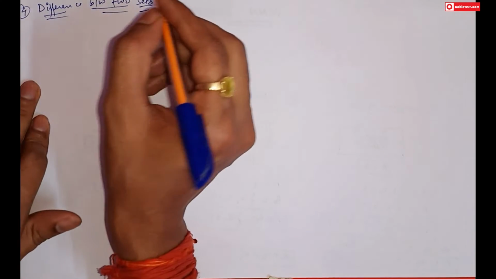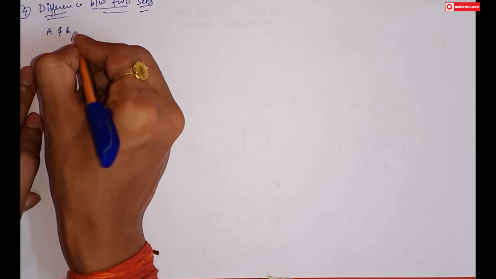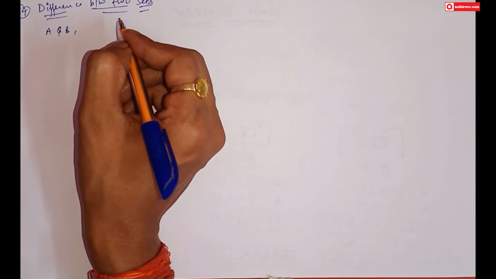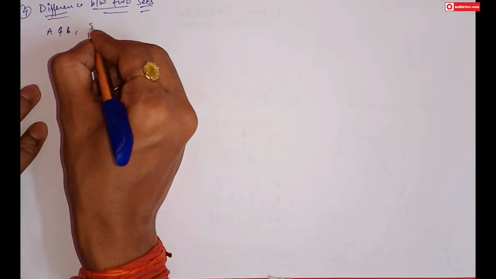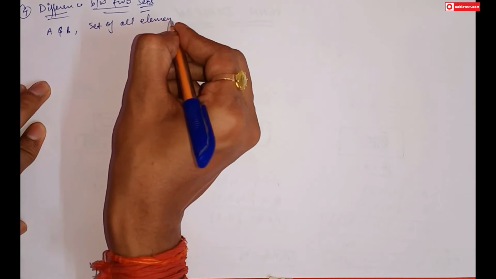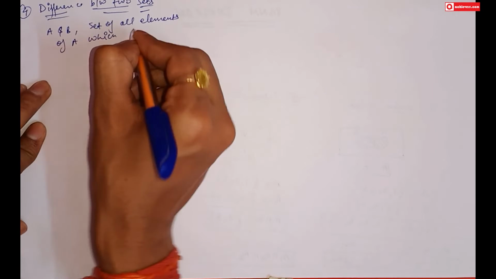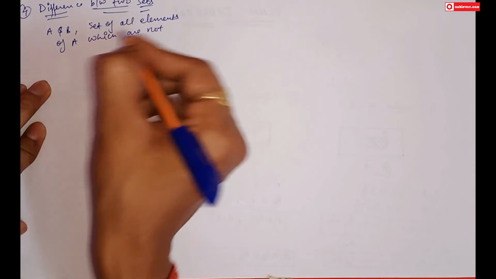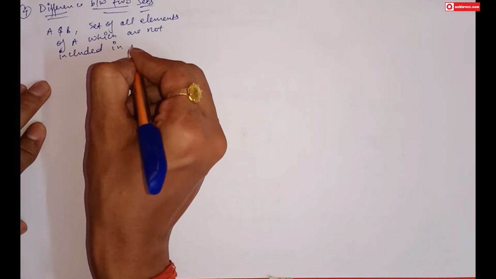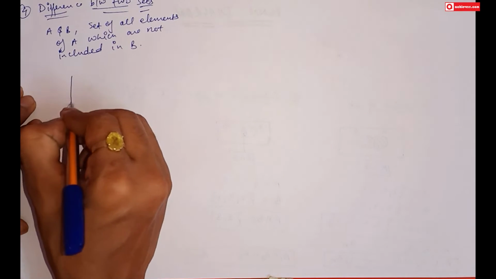Like there are two sets, suppose set A and set B. So difference is the set of all elements of A which are not included in B. Pictorially we can represent in Venn diagram like this.